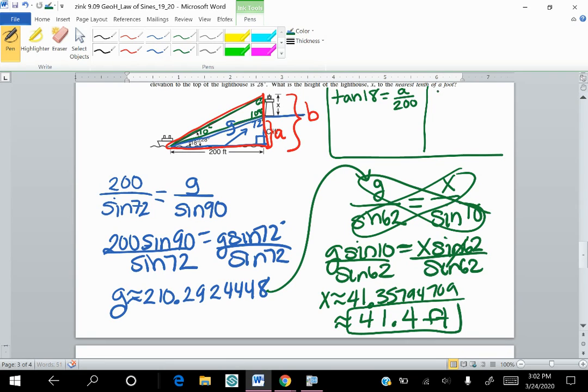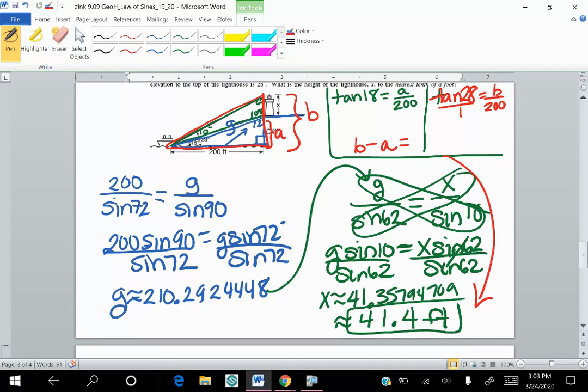Then you could have done your big red triangle, which is also a right triangle, and done tan of 28 equals opposite, which is B, over adjacent, which is 200. Cross multiply there, solve for B. Once you solve for A and B, you would just subtract them and do B minus A, which would give you rounded 41.4 feet again.